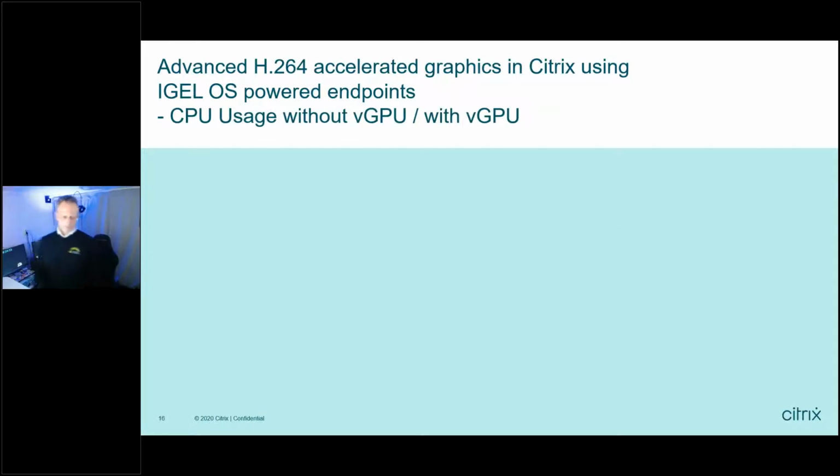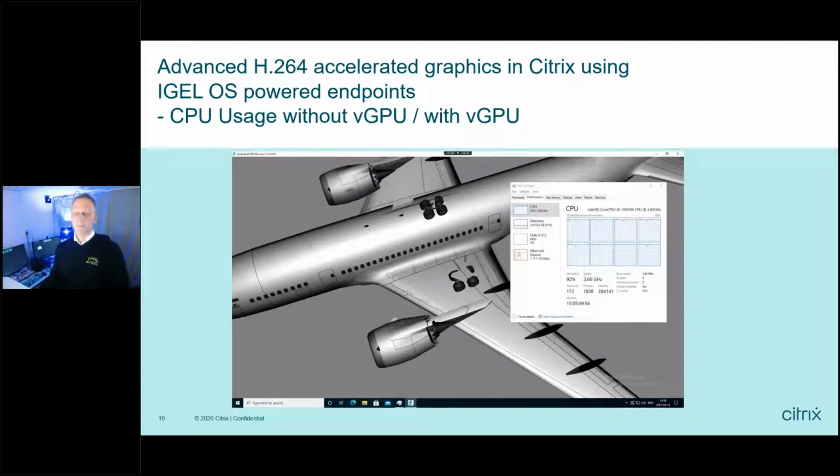So I created two screenshots where I'm using a 3D application on a Windows VM connected through an IGEL OS device. Here we have the VM without the GPU, and you see that I have 4 sockets and 8 virtual processors in this machine, and you see that the CPU usage is about 100%, more or less, all the time.